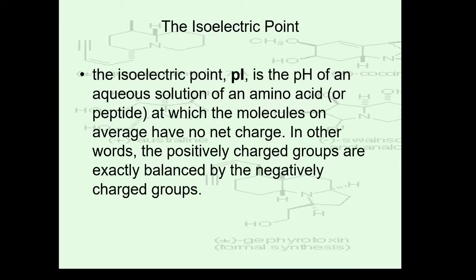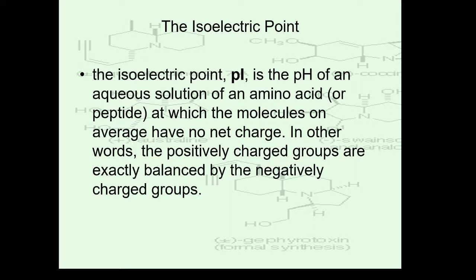So, how do we determine the pH of something? Well, we do something called the isoelectric point. Okay? The isoelectric point is the pH of an aqueous solution of an amino acid where the molecule has no net charge. Now, there could be an end that has a charge, but there's another end somewhere else that has the opposite charge.